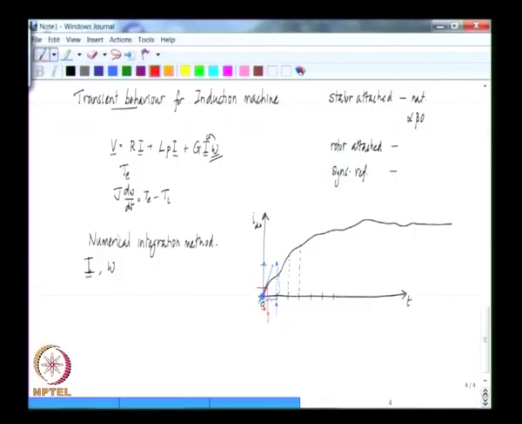So, the accuracy with which one can solve these differential equations using a numerical integration method depends very much on what time step you choose, how many discrete instants into which you discretize the x axis. So, we choose a small enough step time, and having selected this, arrived at the value of IDS here.